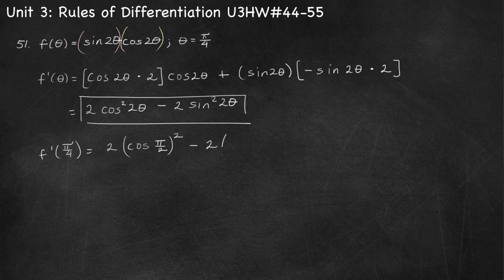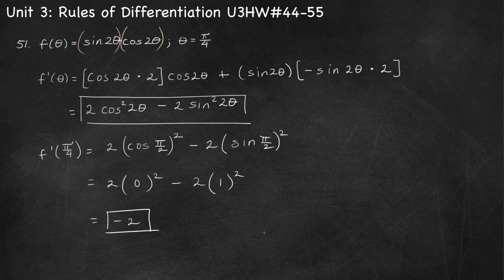Minus 2 times the sine of 2 pi over 4, which is pi over 2, squared. So now cosine of pi over 2 is 0, so 2 times 0 squared, minus 2 times the sine of pi over 2, which is 1. And 1 squared is 1, so we have 0 minus 2, or just negative 2. f prime of pi over 4 equals negative 2.